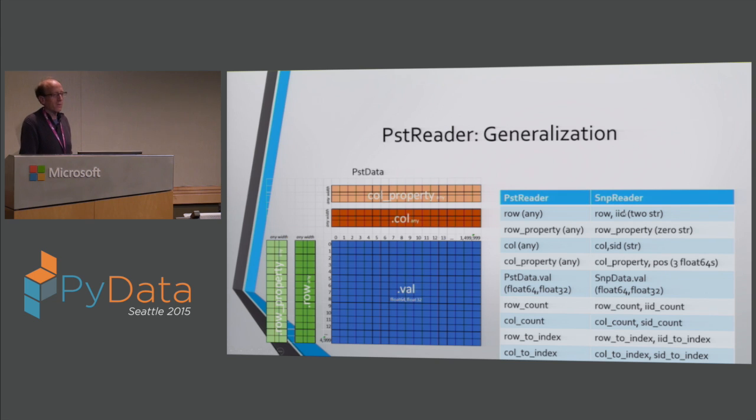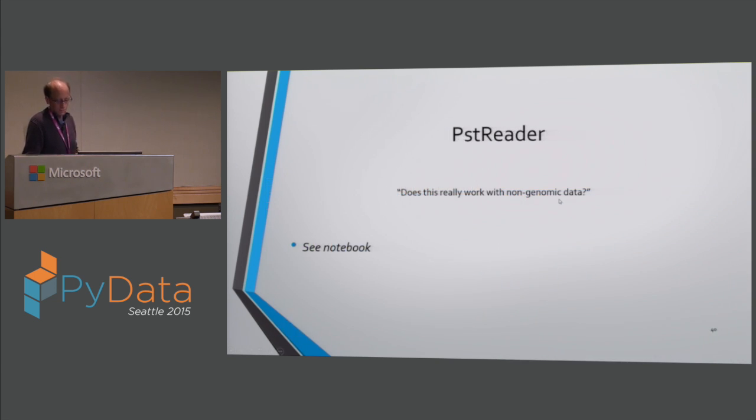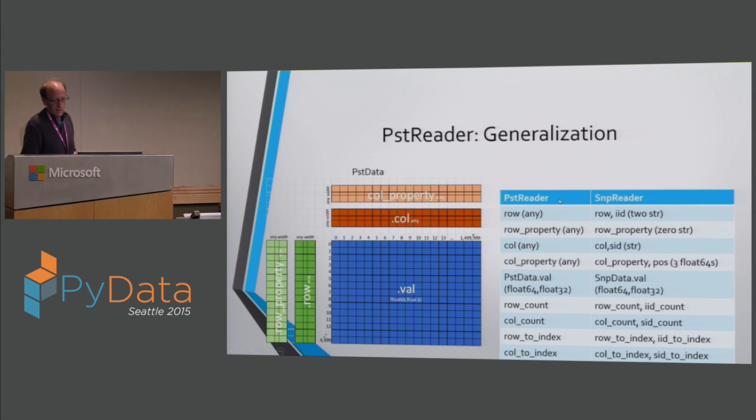So anywhere before where you set IID, you can also say row. And kind of as you'd expect, where we had row count, IID count, you can now say row count in general. IID to index, you now say row to index. And that's our generalization to any other data type that still has to kind of fit this paradigm.